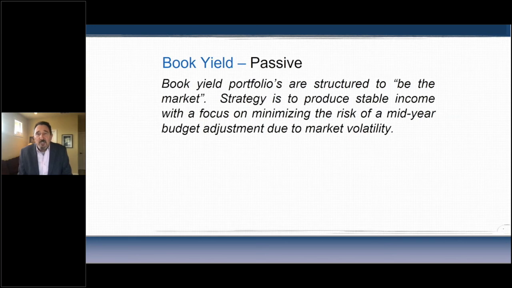So what do we mean by book yield? The strategy is to produce stable income throughout the budgetary process, minimizing the need to rebalance in the middle of the year.